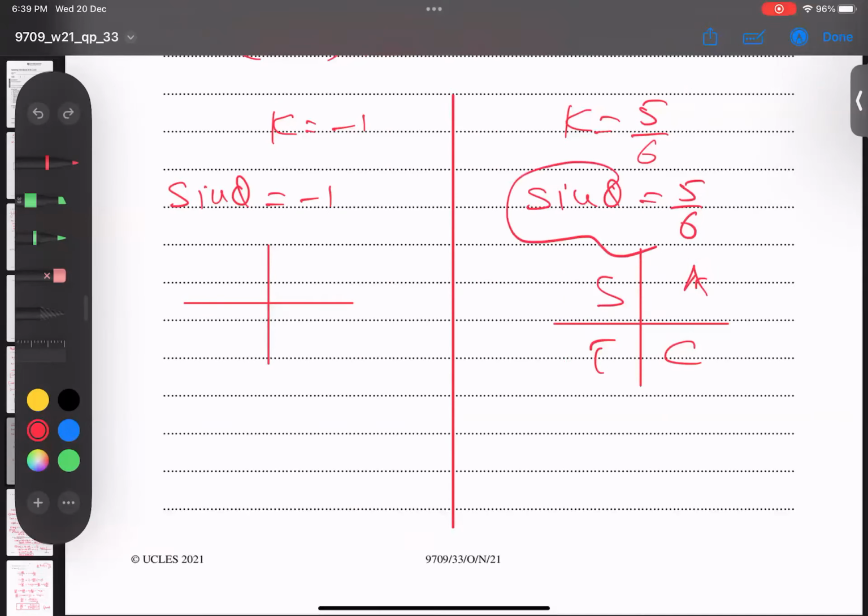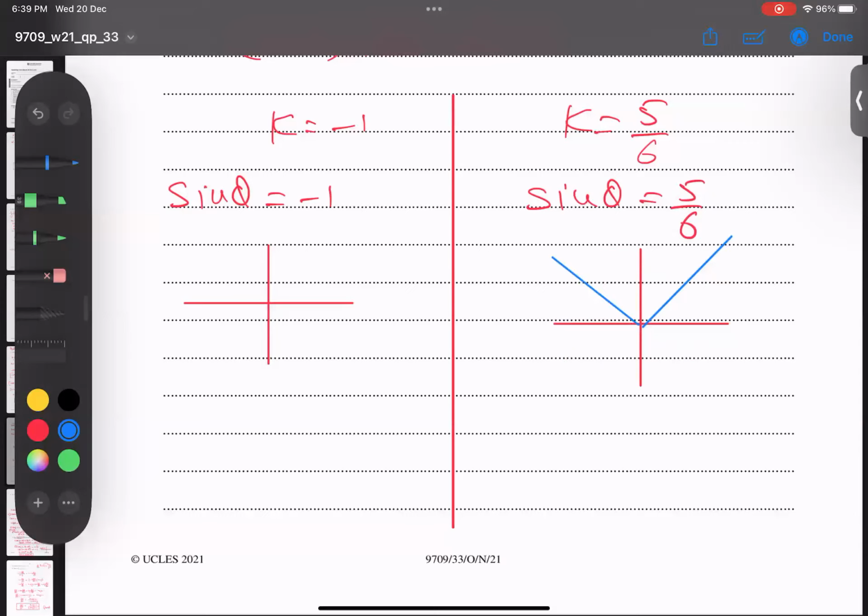But here sine is positive, because no sign here means plus. So I talk about positive sine, and here all positive, here sine positive. It means first and second quadrant. So I am going to erase this. It means the lines will come here and here.